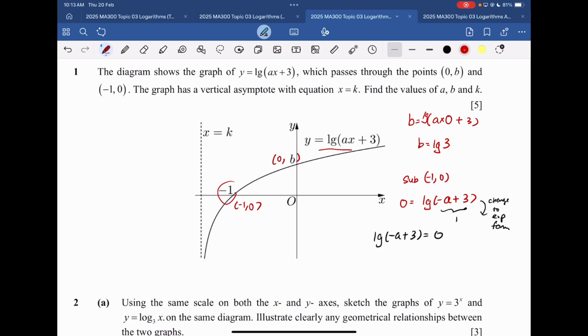You can think of it as there's a base 10 here, so negative a plus 3 is basically 10 power 0. What's 10 power 0? 1. Correct, a equals 2.